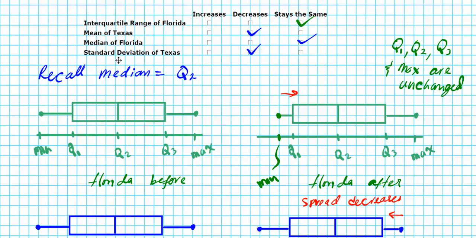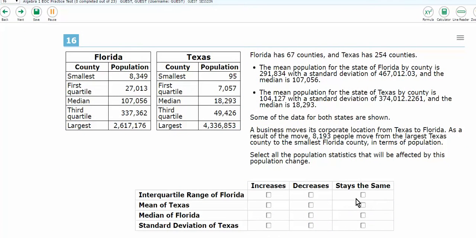decreases. Okay, so think about the word deviate. It basically means how you separate or how you distance from the mean. Okay, so those are the answers for question number 16. So let's go ahead and check our answers. IQR stays the same because Q1 and Q3 were unchanged. The mean decreased for Texas because the total was reduced, whereas the number of counties stayed the same.